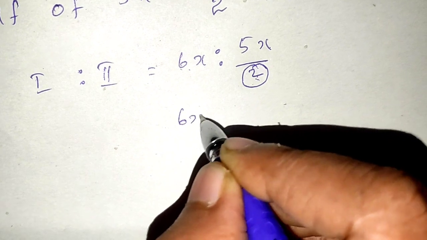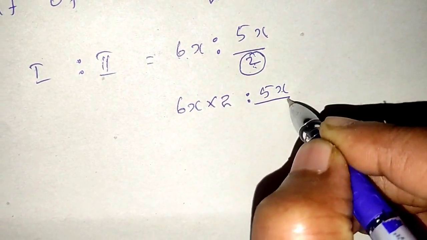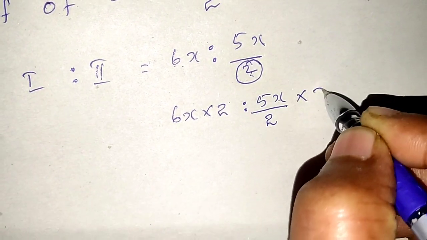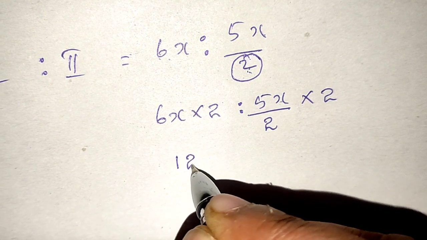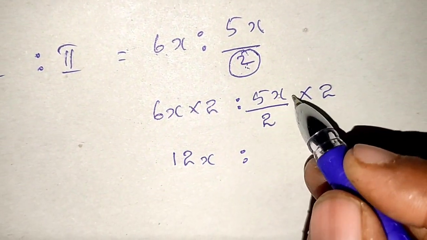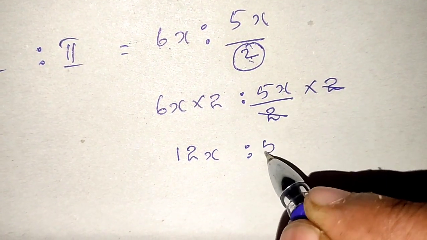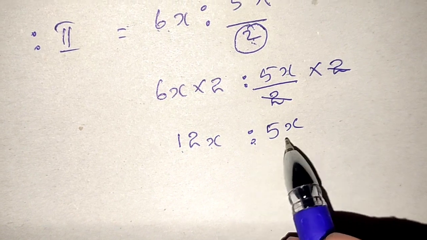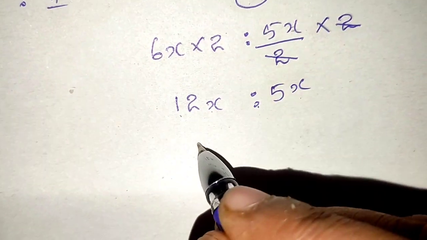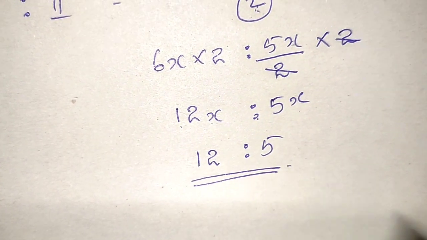Then what happens? 6x into 2, and 5x by 2 into 2. 6x into 2 is equal to 12x, and in 5x by 2 into 2, the 2 and 2 get cancelled, which is equal to 5x. So 12x is to 5x. Then what will be the new ratio? The new ratio is 12 is to 5.